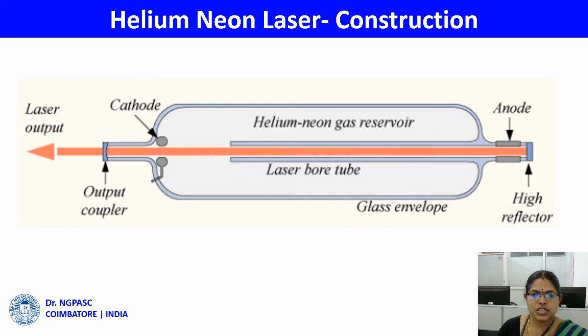In most cases an 8:1 ratio is considered, and these gases are placed at a low pressure of about 50 Pascal per centimeter of cavity length in a gas envelope. The energy or pump source of the laser is provided by electrical discharge. The electrical discharge voltage is around 1000 volt through the anode and cathode, connected at each end of the glass tube, in which a current of 5 to 100 milliampere is allowed.